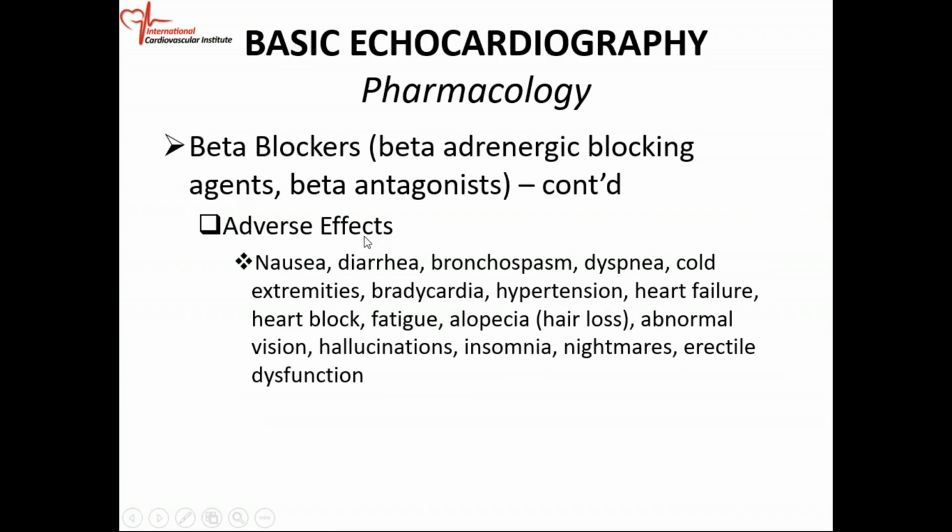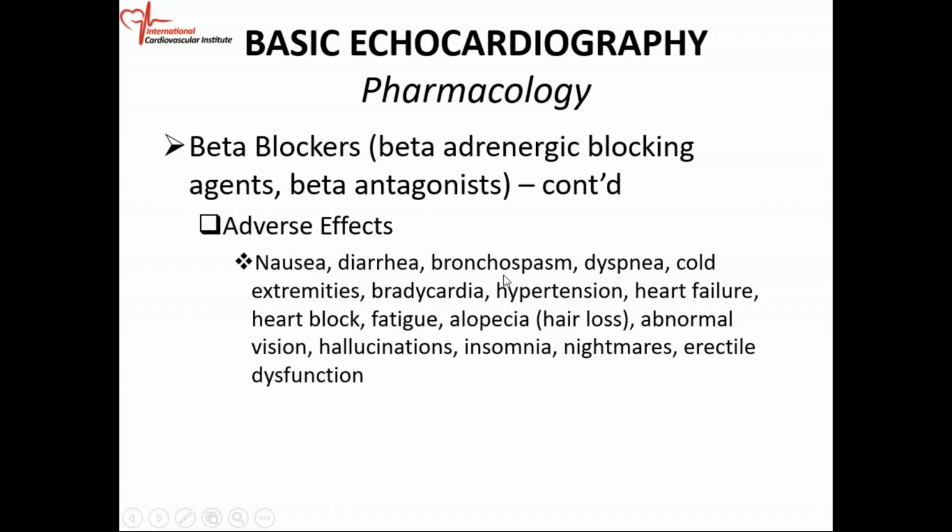What are some of the adverse effects of beta blockers? Nausea, diarrhea. Again, remember we said that the beta receptors in the lungs cause the bronchioles to dilate. So if we block those beta receptors in the lungs, then the bronchioles constrict and patients can start wheezing. Patients who are prone to asthma can start wheezing when given beta blockers. So: nausea, diarrhea, bronchospasm, shortness of breath, cold extremities, bradycardia, the heart rate can go very low.